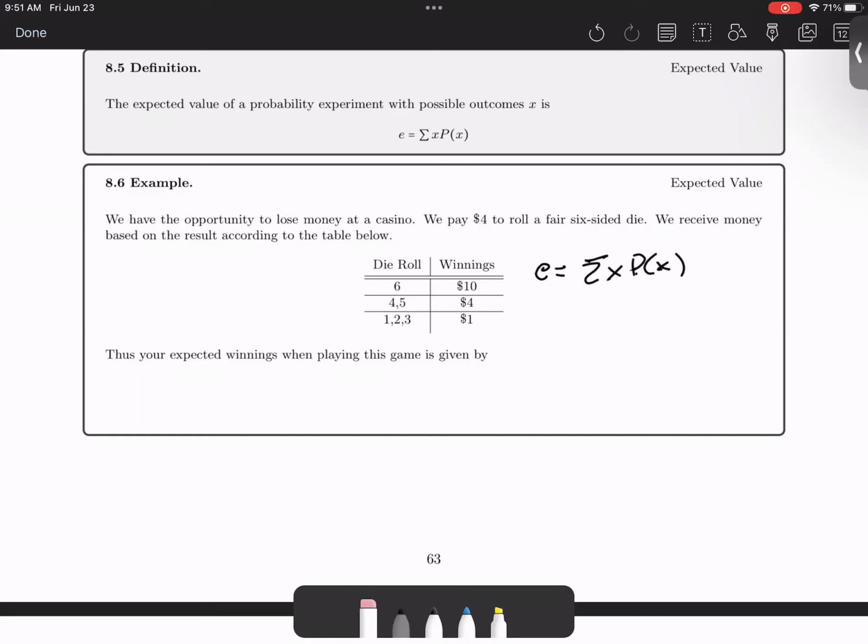Okay, so when you're finding the expected value, it's important to know, what are you finding the expected value of? Are we finding the expected value of the roll on the die, or how much money we think we're going to make? So we are trying to find what? The expected value of how much money we're going to walk away with, right? We're trying to find the expected winnings.